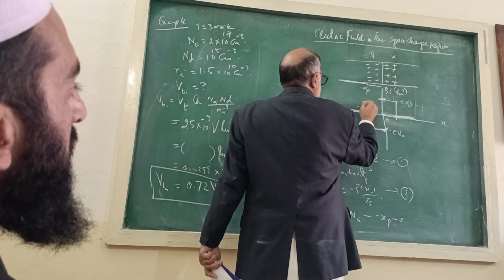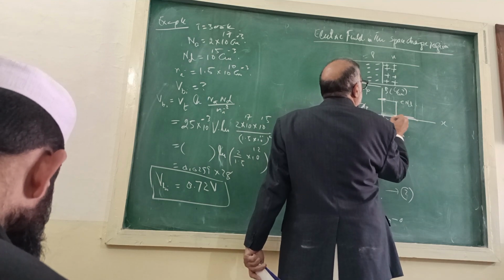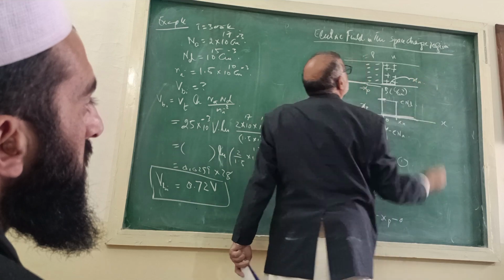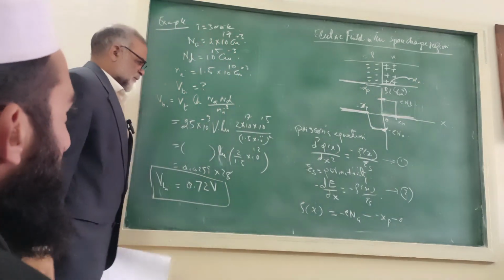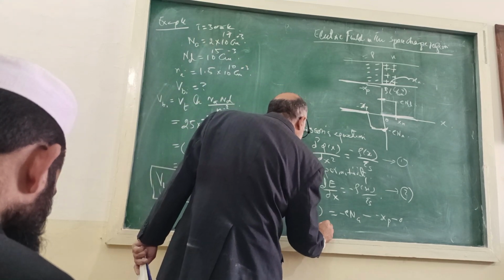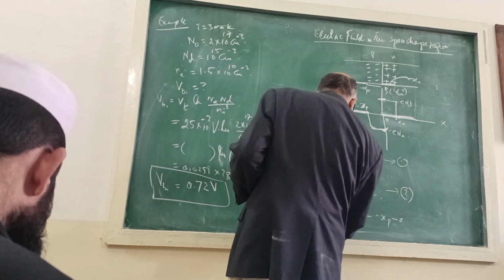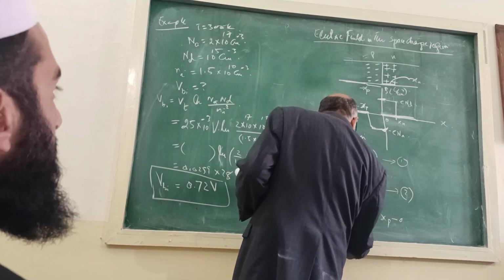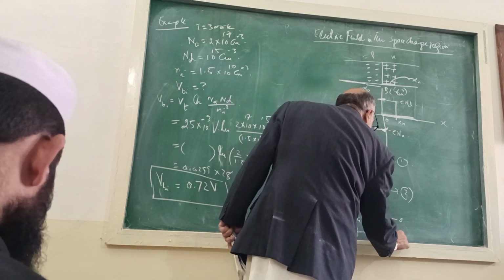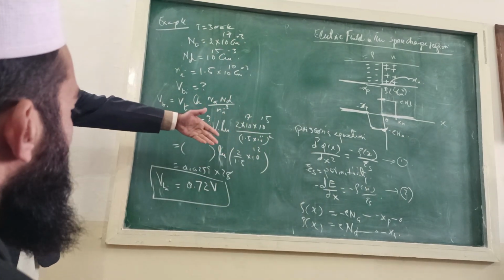I call this distance minus xp, and this distance xn. And similarly, rho of x is equal to e Nd from 0 to xn. Otherwise, the charge density is 0.